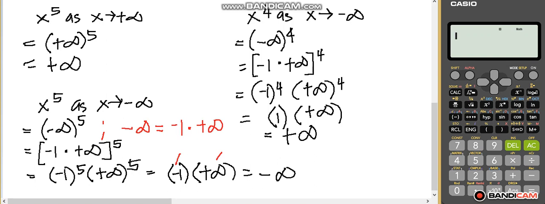Basta ang tatandaan lang natin, class, na kapag nire-raise mo ang positive infinity, mas lalong lumalaki yung value niya. Or kapag nire-raise mo naman ang negative infinity, mas lalong lumiliit or lumalaki yung value niya, depende doon sa nature ng exponent na gamit mo. So, let's start our example for limits of polynomials as x is increasing or decreasing without bound.